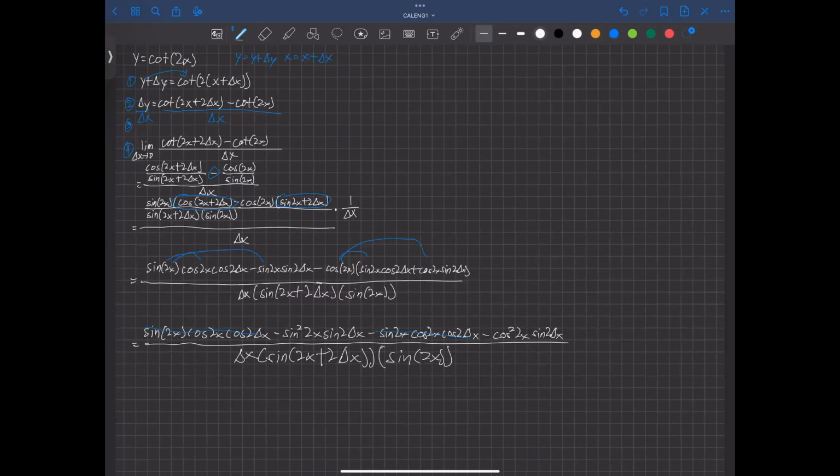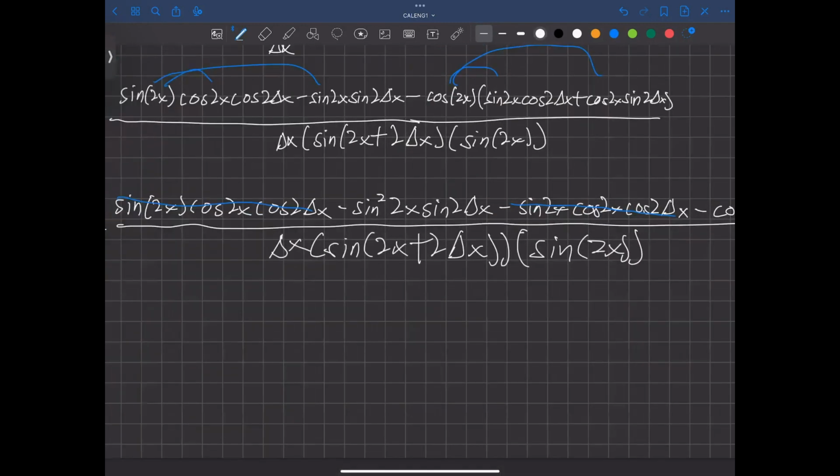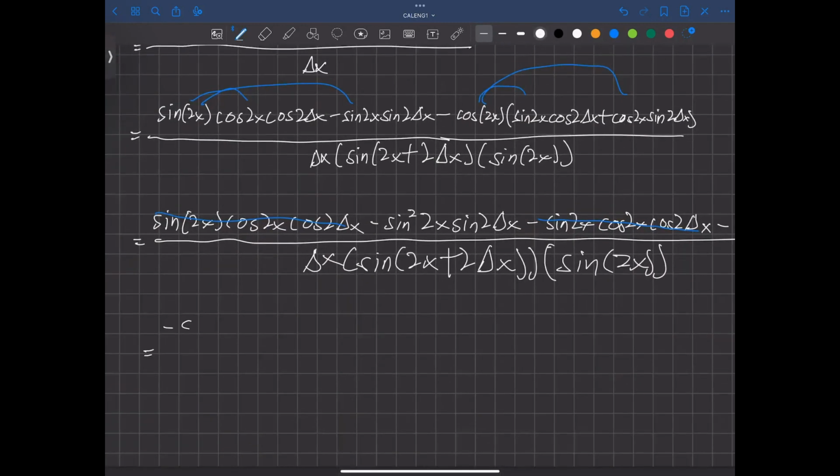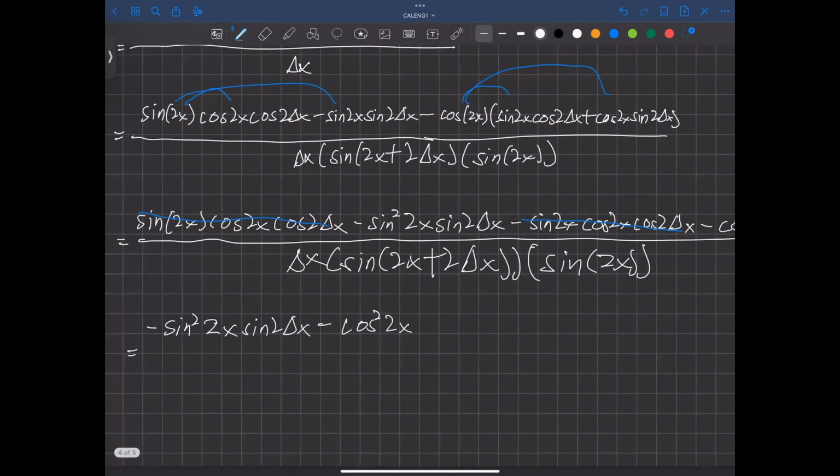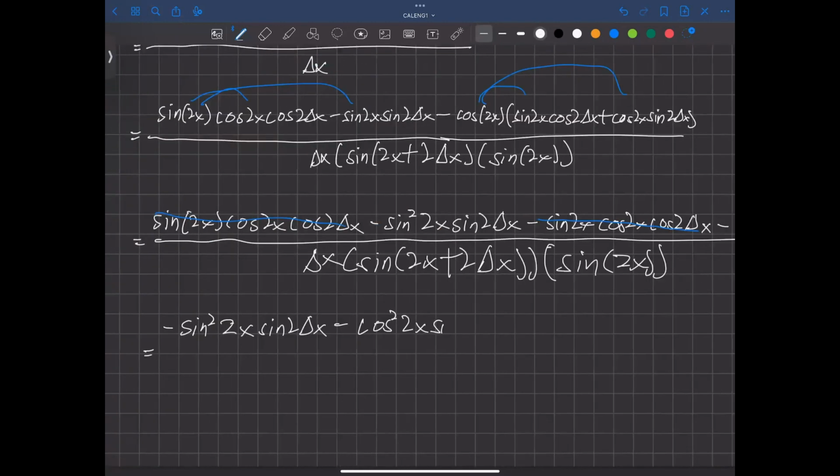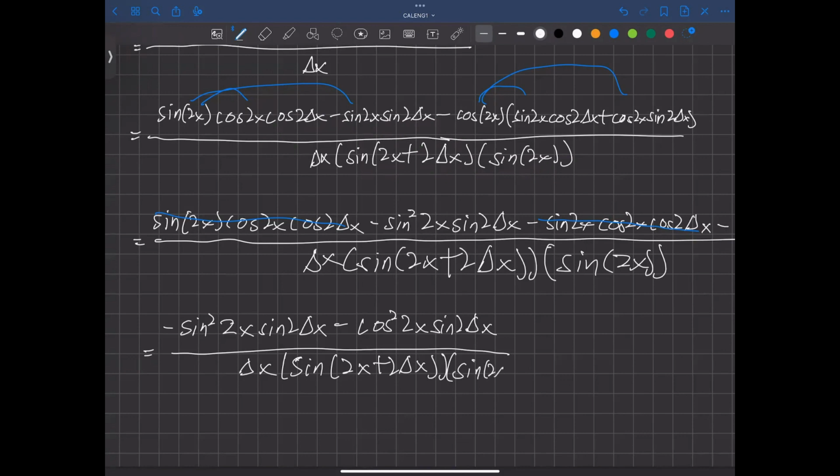And then we will be left with negative sine squared 2x sine 2 delta x minus cos squared 2x sine 2 delta x all over delta x sine 2x plus 2 delta x sine 2x.